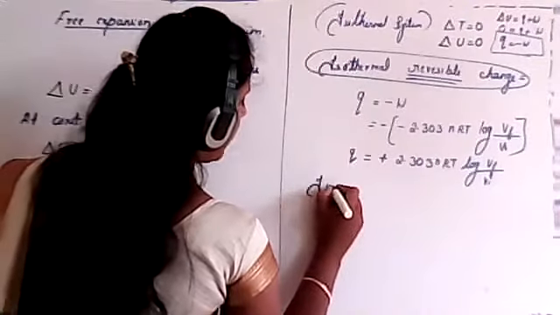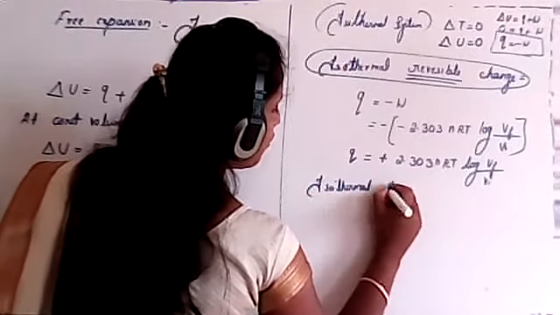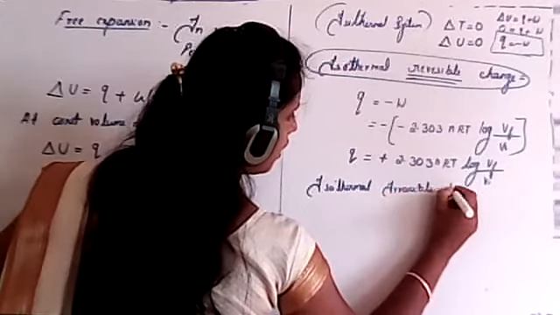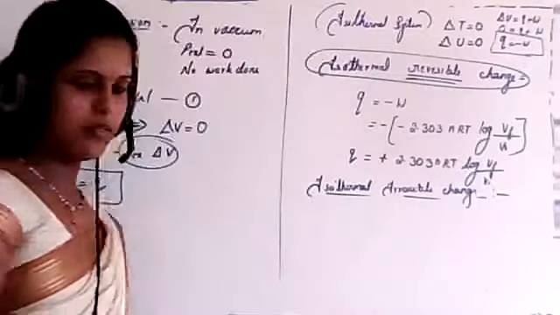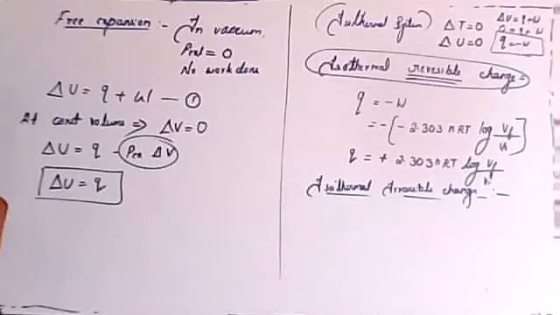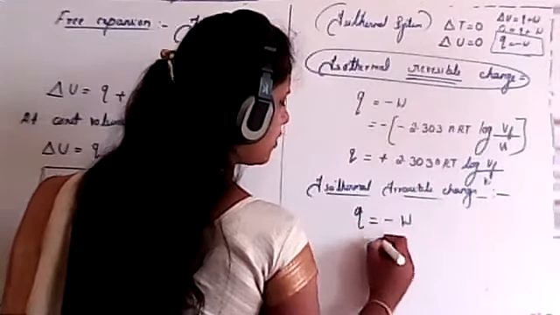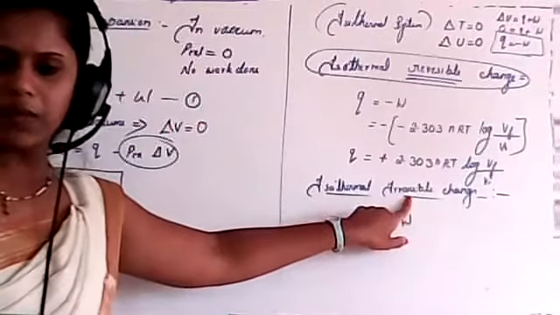Second condition, isothermal irreversible change or reaction. What will be the expression, student? Again, same. Q is equal to minus W itself. But what is the value of W in case of irreversible change?